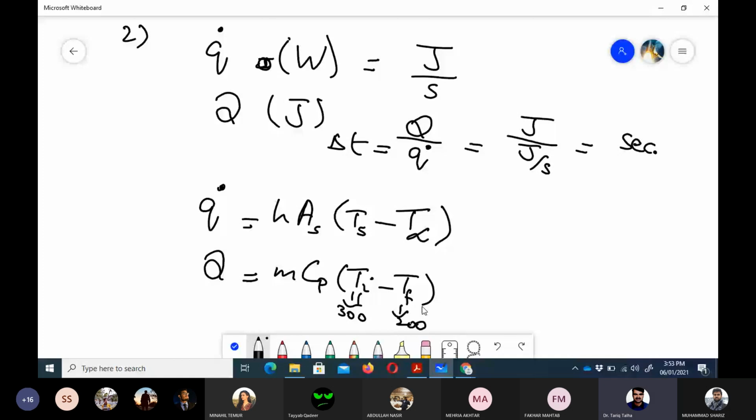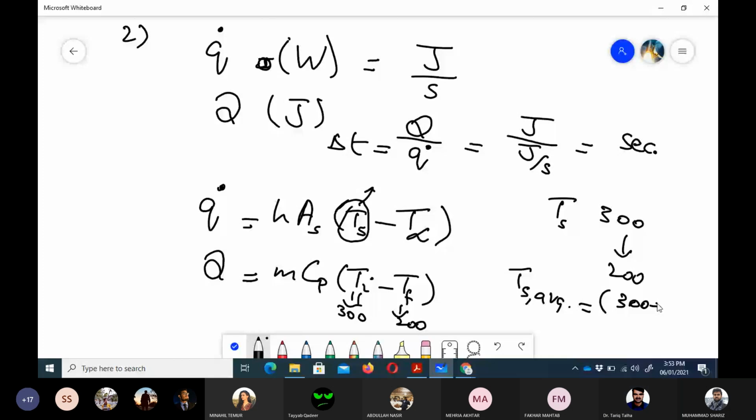But what do we do here for this Ts value? Because the surface temperature is changing from 300 to 200, it goes down to 200 at the end. This is the surface temperature of that spherical ball. So for Ts, we can take Ts average, which is equal to 300 plus 200 divided by 2.